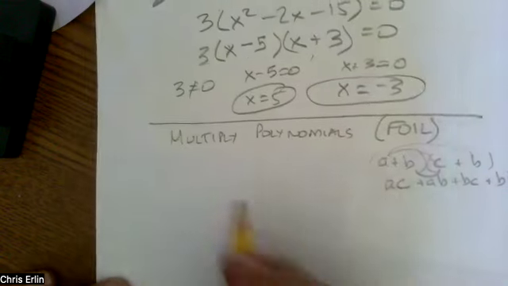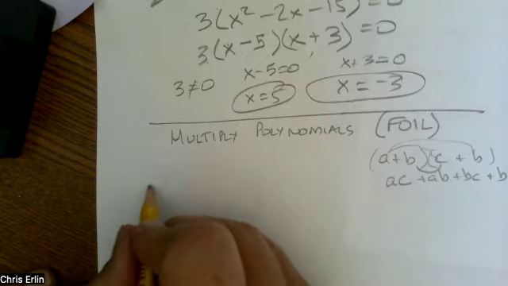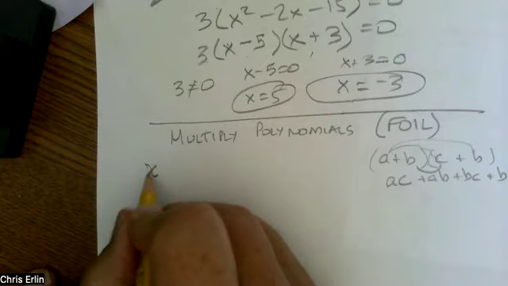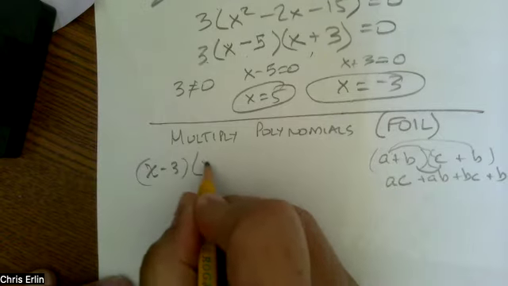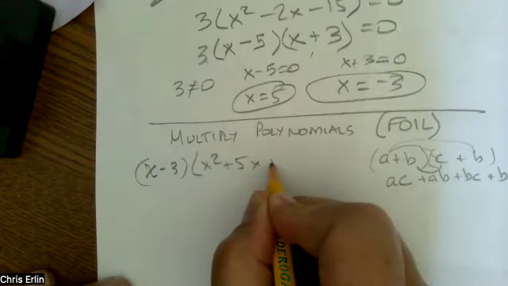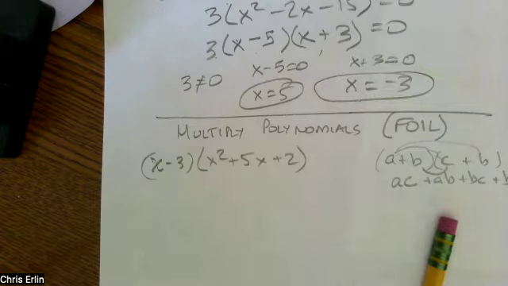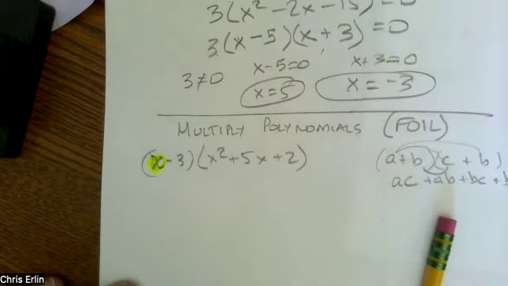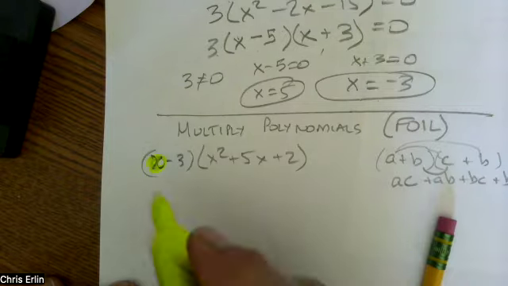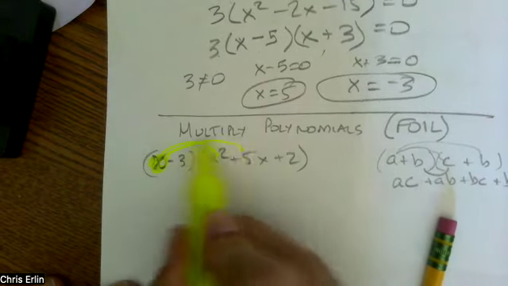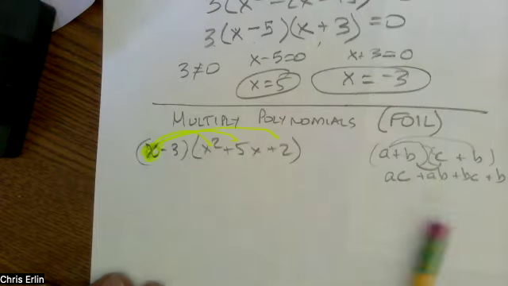But in multiplying polynomials, really what we want to be looking at is, for example, x minus 3 times x squared plus 5x plus 2. I want to do the distributive property repeatedly. So first I'll do it with my x and distribute it across each term.